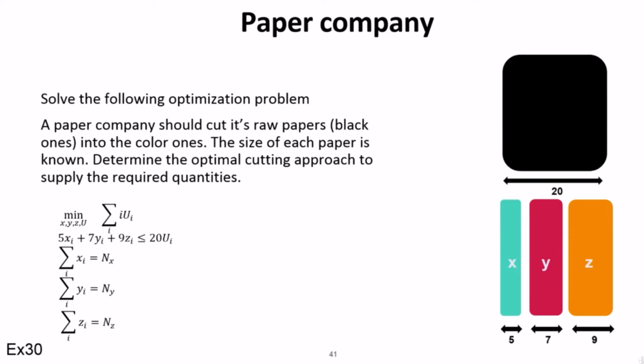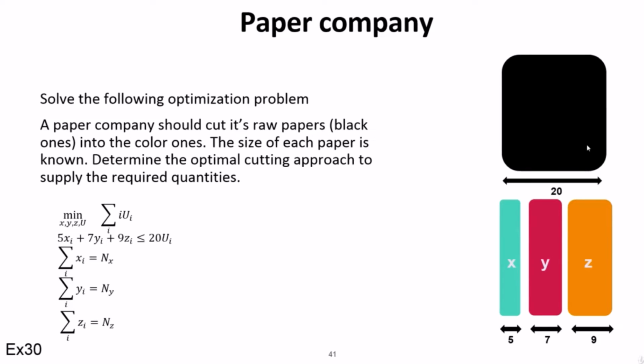If I only need the X kind of size, each black paper can give me 4 of these green ones, or 2 of these red ones, or 1 green and 2 red, or 2 yellow ones.